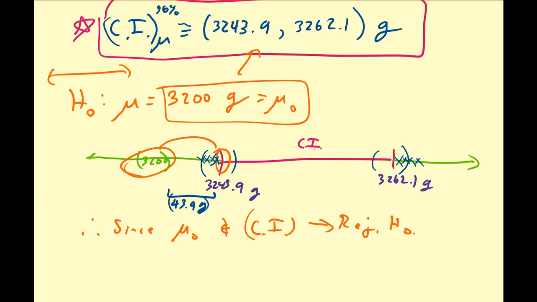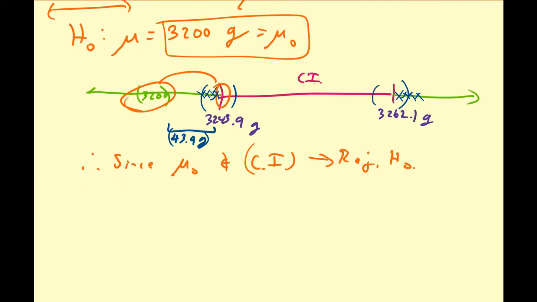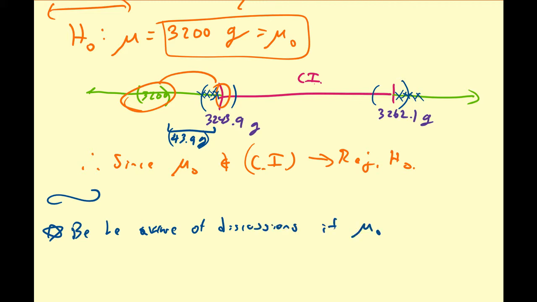But at least be able to discuss these types of things. So be aware of discussions about the null hypothesis being close to the boundaries of your confidence interval. And the keyword here is close. What is close? You should have some objective measurement of exactly what close is.